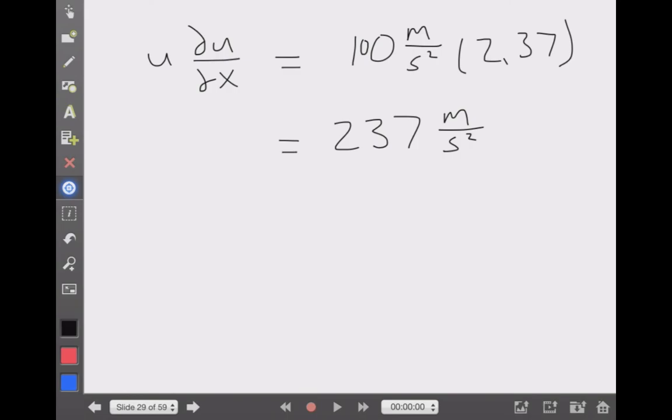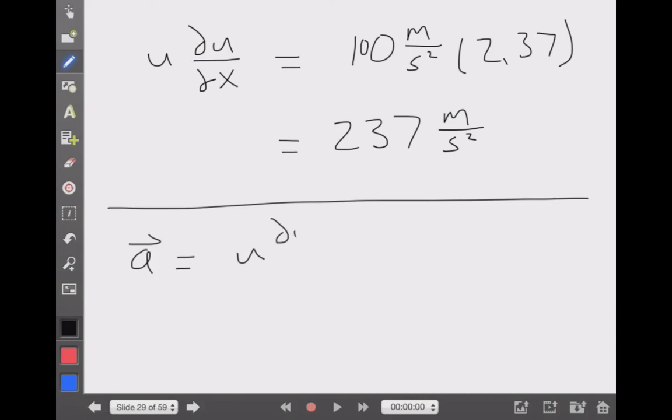So if we now pull all this together into our acceleration formula, the acceleration equals u, and the other two terms are 0. This is what we get.